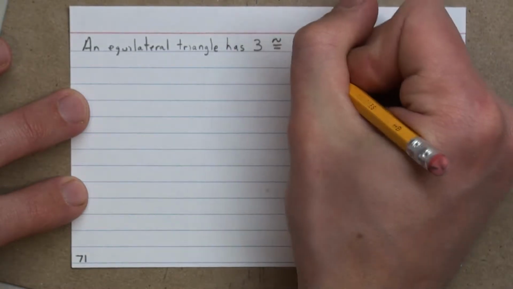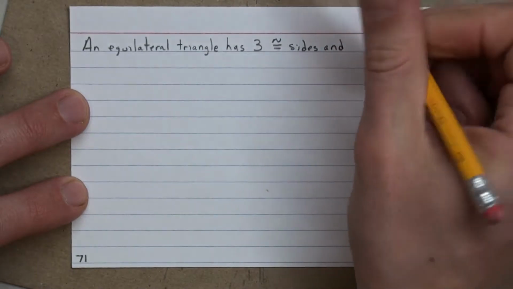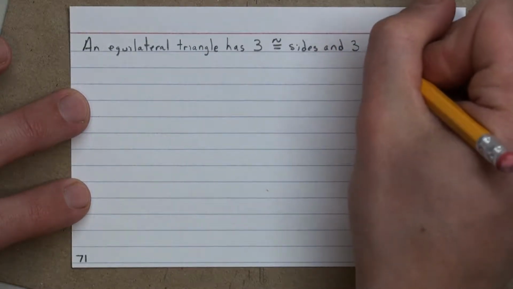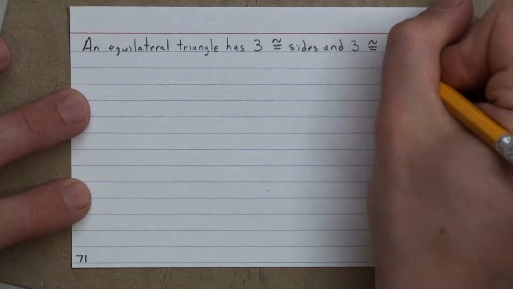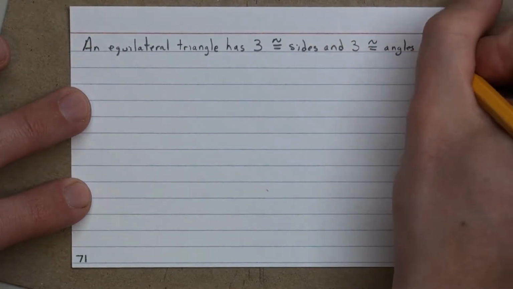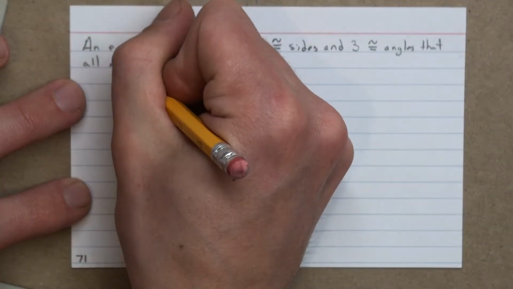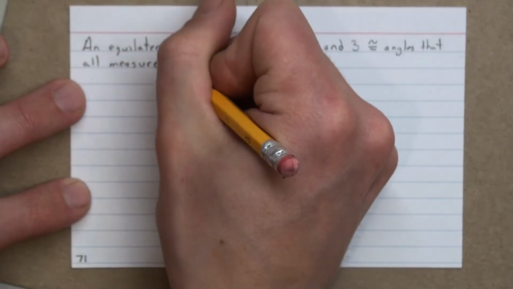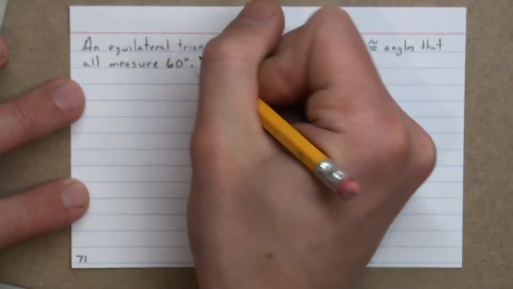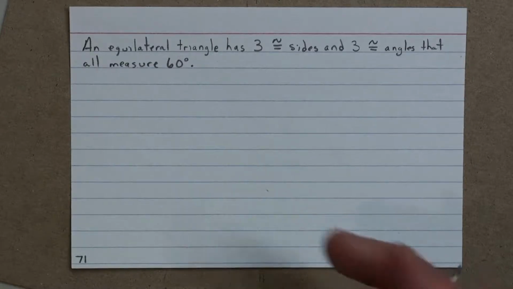It has 3 congruent sides and 3 congruent angles that all measure 60 degrees. Okay?